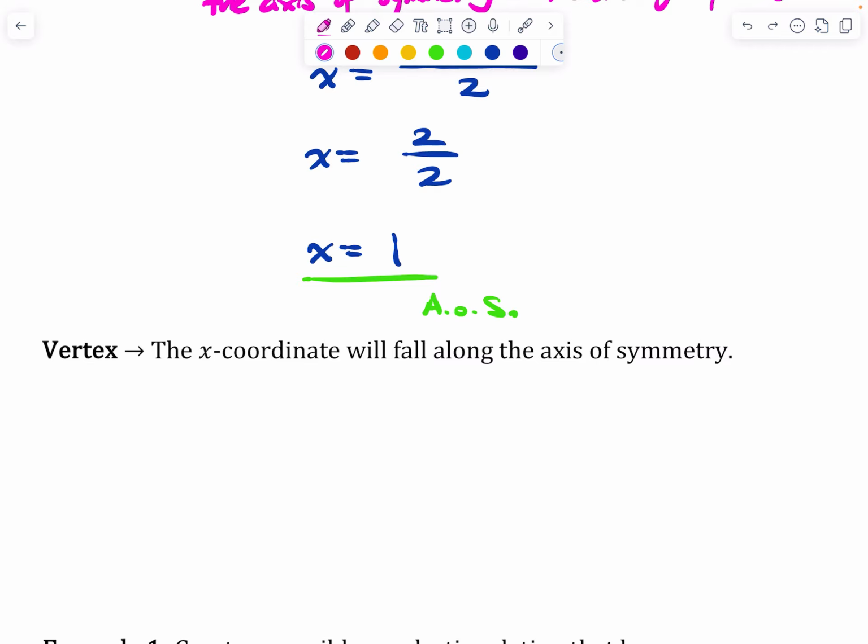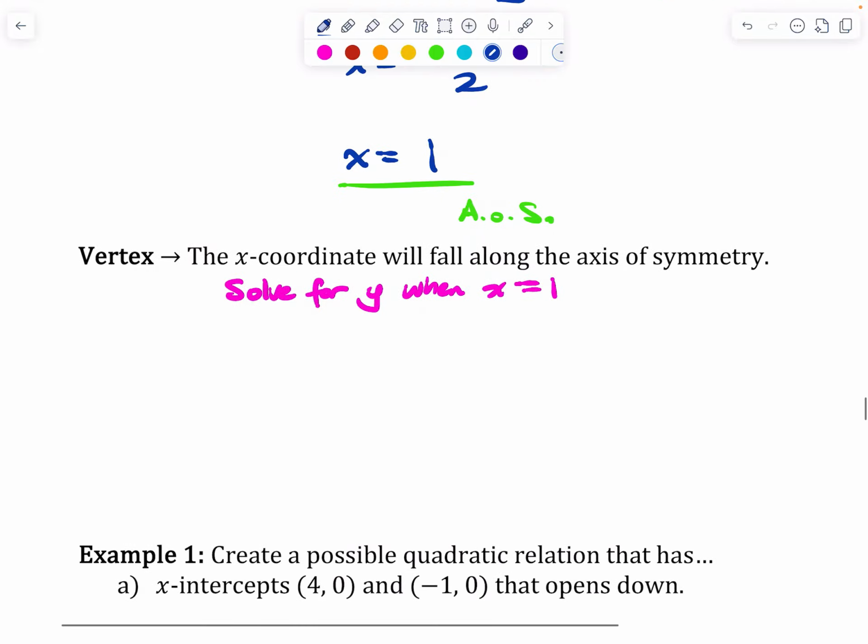So all we're really doing here is solving for y when x is 1. We can do that from the standard form, or we could do it from the factored form. Both work.